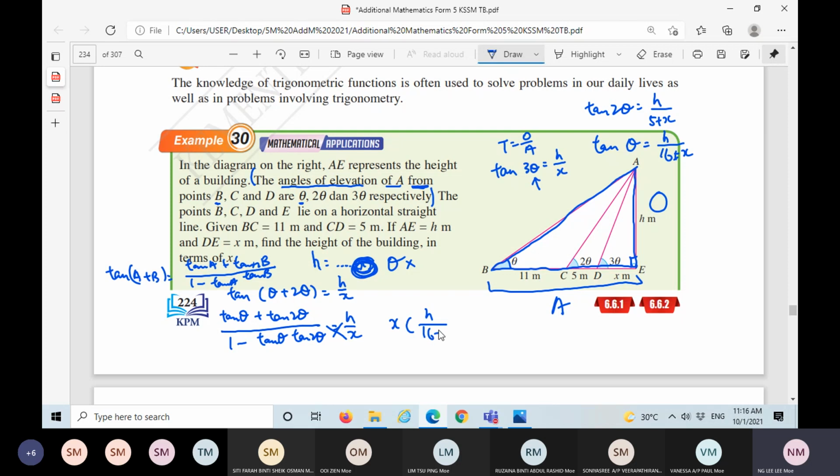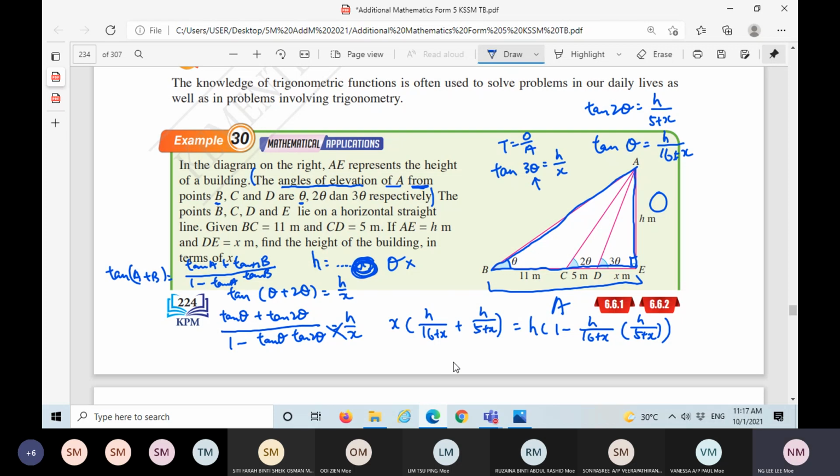H over 16 plus X, plus tangent 2 theta, H over 5 plus X. Then the other one, H times this thing. So H times 1 minus tangent theta, H over 16 plus X, tangent 2 theta, H over 5 plus X.